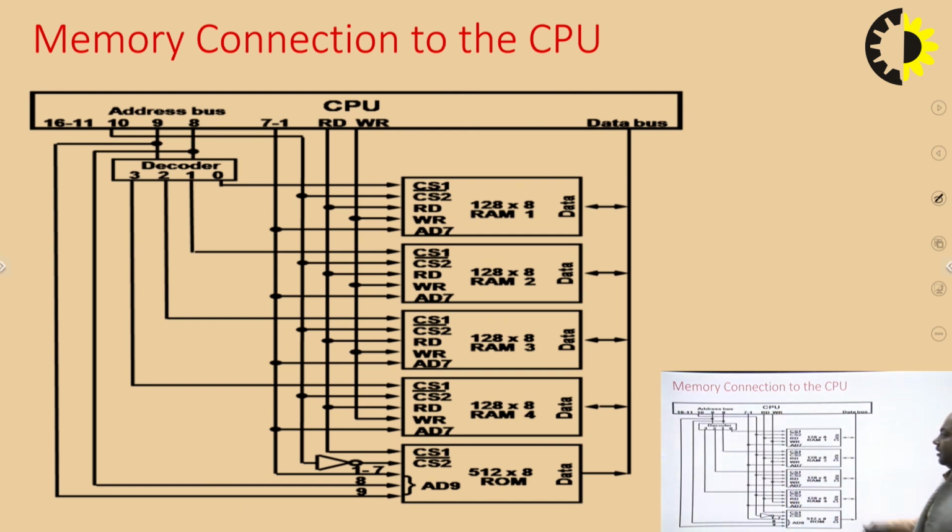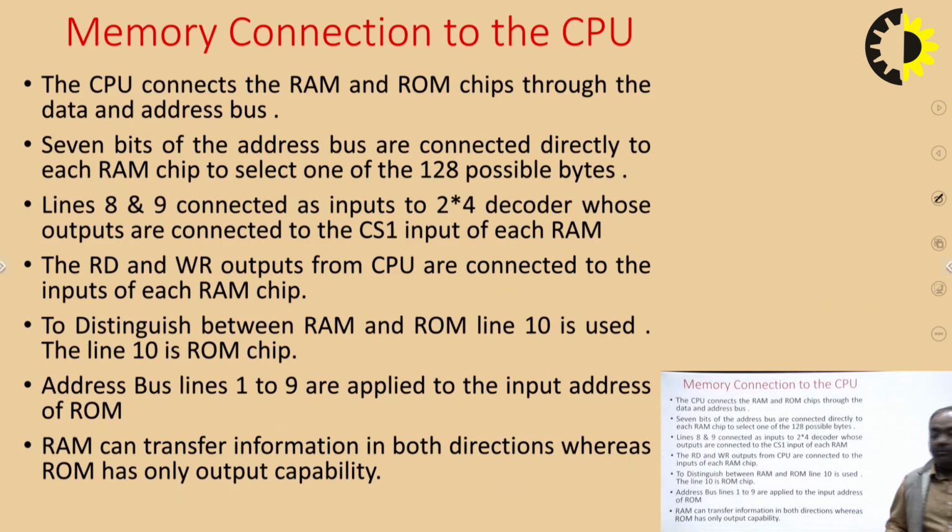These are the RAM chips, and they are numbered from 1 to 16. So it is a 16-bit address bus. In this connection, the CPU connects the RAM and ROM through the data and address bus.